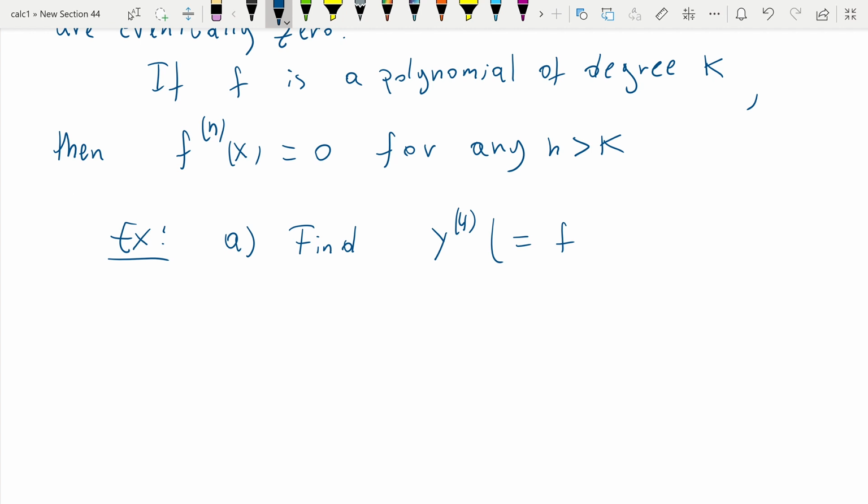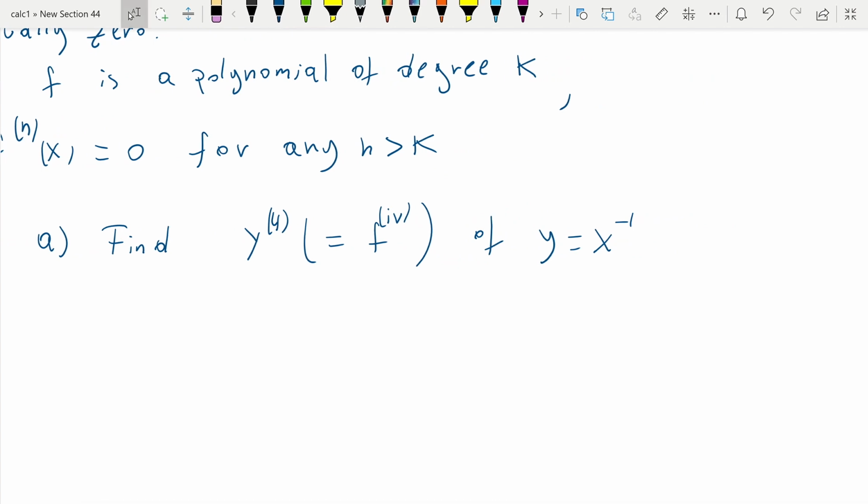So y to the fourth, remember y is equal to f of x, so this just means f differentiated 4 times. So we're asked to find the fourth derivative of y equals x to the minus 1, which is the same as 1 over x.